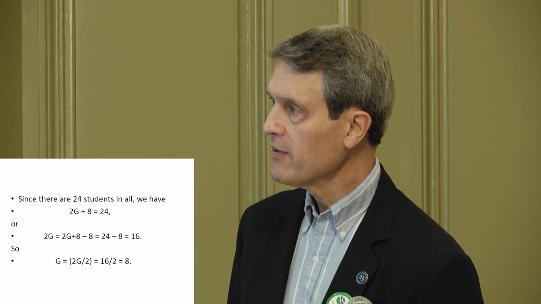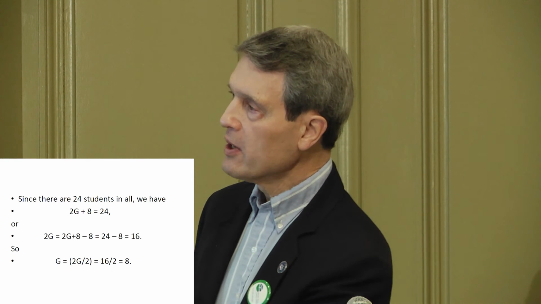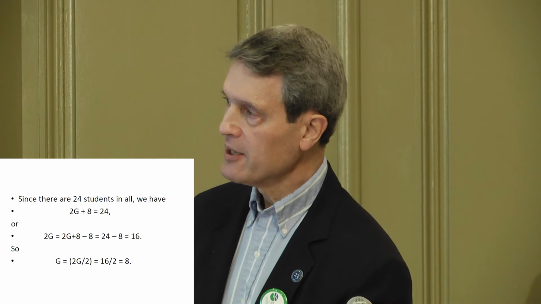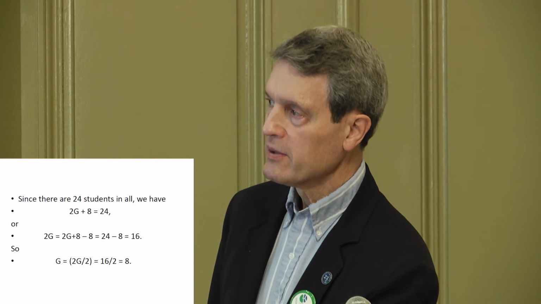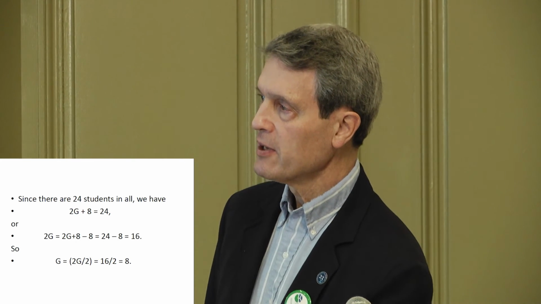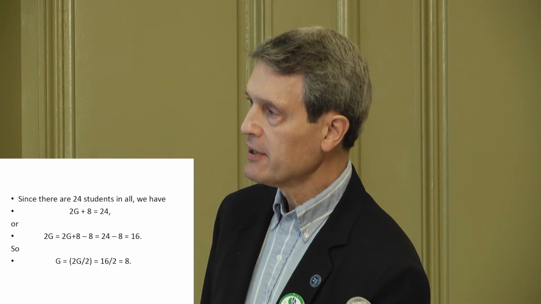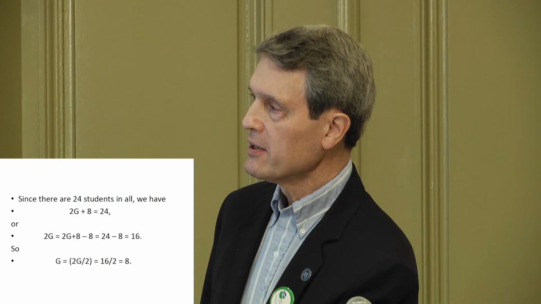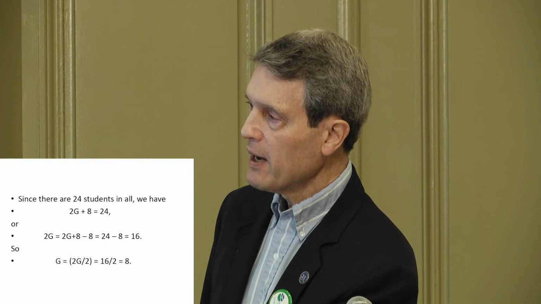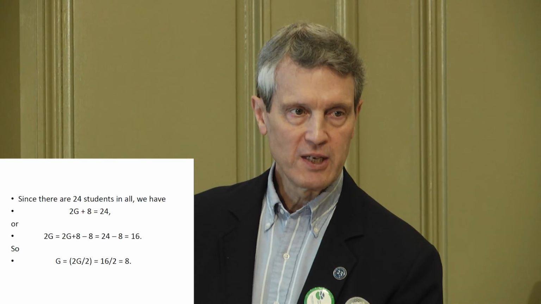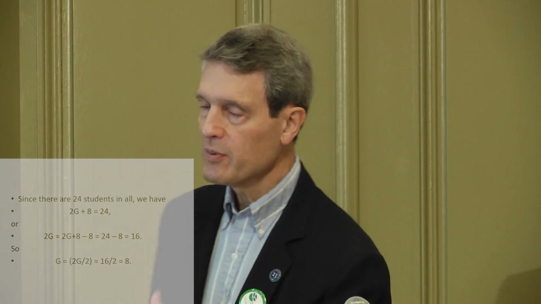And since there are 24 students in all, you conclude that 2G plus 8 is 24. And then you solve this by the techniques that you learn in algebra. First, you subtract 8 from both sides to conclude that 2G is 16. And then you divide by 2 to conclude that G is 8. Okay, so this would be the algebraic approach.